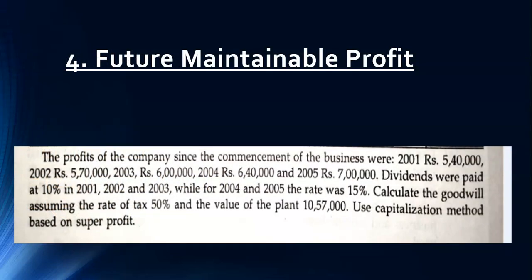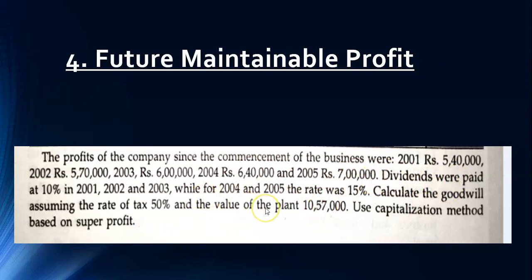So it is future maintainable profit. I have cropped here the adjustments. Here it is written: in 2001, 5 lakh 40,000, in 2002, 5 lakh 70,000, 2003, 6 lakh, 6 lakh 40,000 and 7 lakh. Thereafter no adjustment, right?